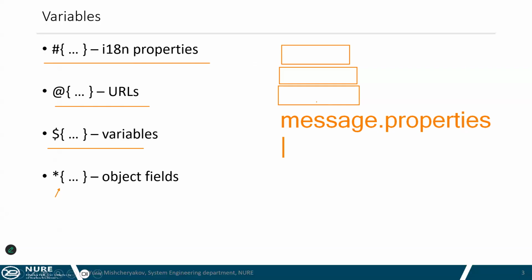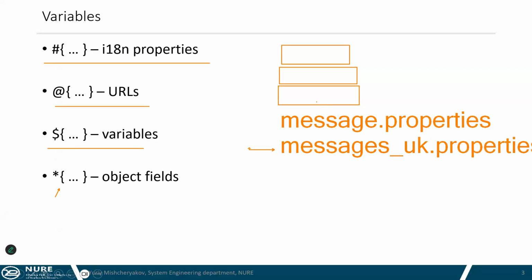For example, you can add messages underscore UK properties. That means it must contain text properties, static content for Ukrainian.